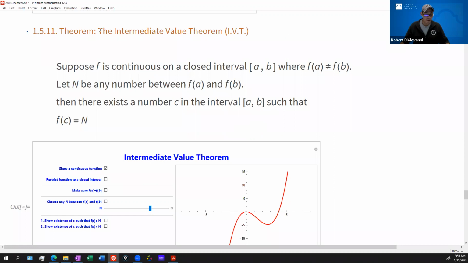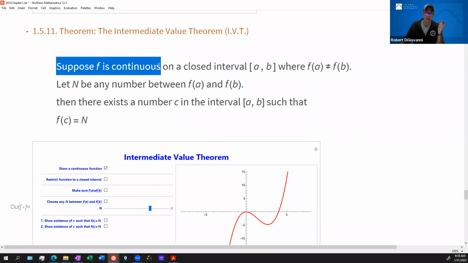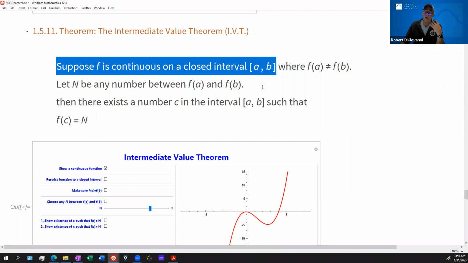It's called the intermediate value theorem, and I abbreviate it IVT. And here's what it says. First, suppose you have a continuous function, right? So you got this function and it's continuous on a closed interval. So what do I mean by continuous on a closed interval?